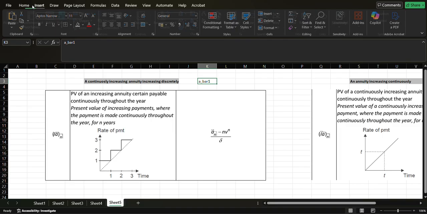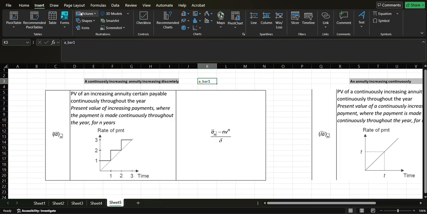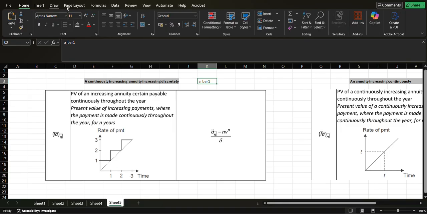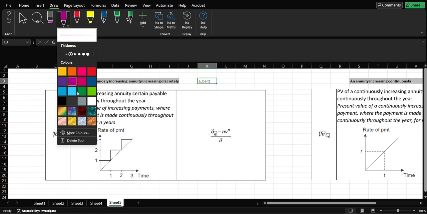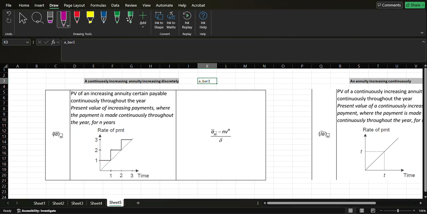Let's see if this thing allows me to draw. Oh, it does allow me to draw. So what ends up happening is that, let me use a different color, this continuous payment stream, when we apply the continuously payable annuity to it, will give us the present value at time zero.